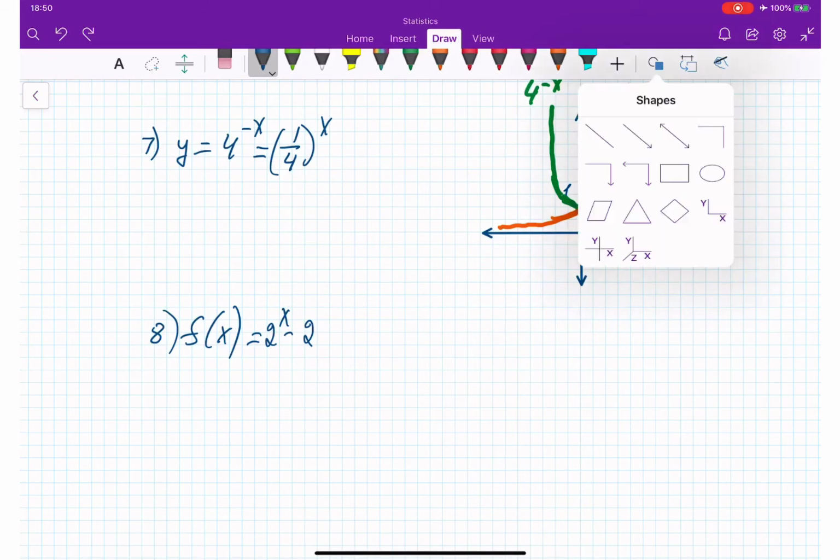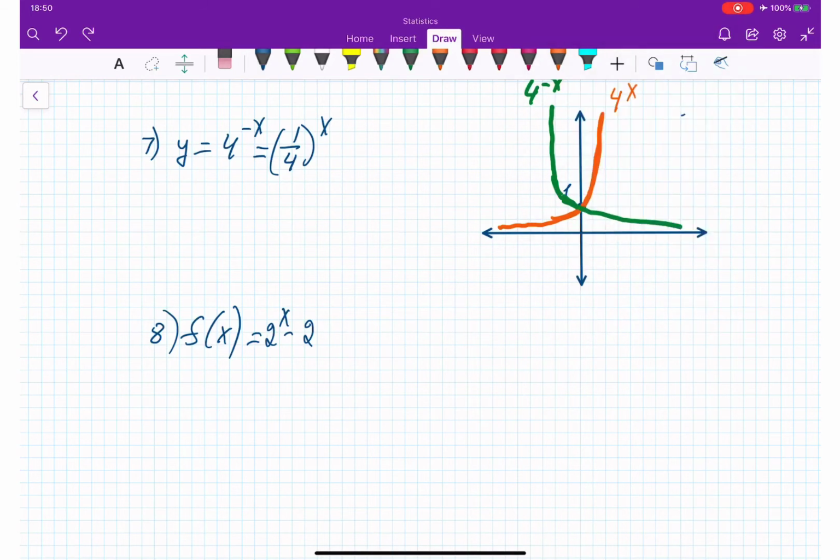So this is my graph, and then I'm taking this one, so 2 to power x, it's going to look like this. If this is my 1, so it's going to go like this.